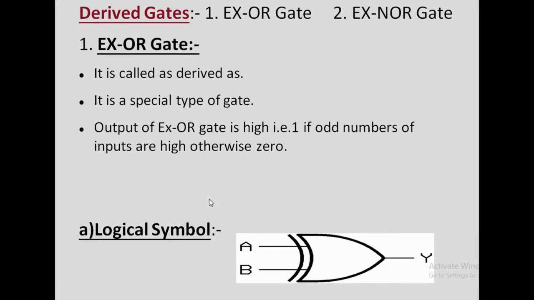Next category of derived gate. In these there are two gates, XOR gate and XNOR gate. First we will see XOR gate. XOR gate is called a derived gate and it is a special type of gate. Output of XOR gate is high, that means 1, if an odd number of inputs are high, otherwise 0. This is the logical symbol of the derived gate.